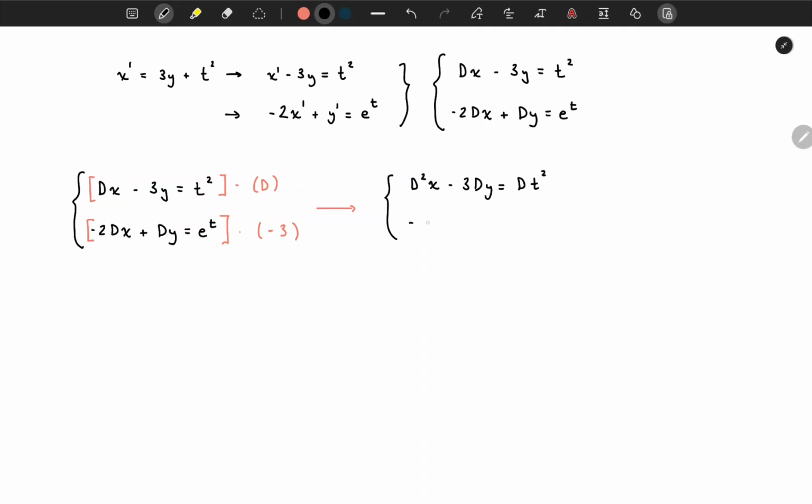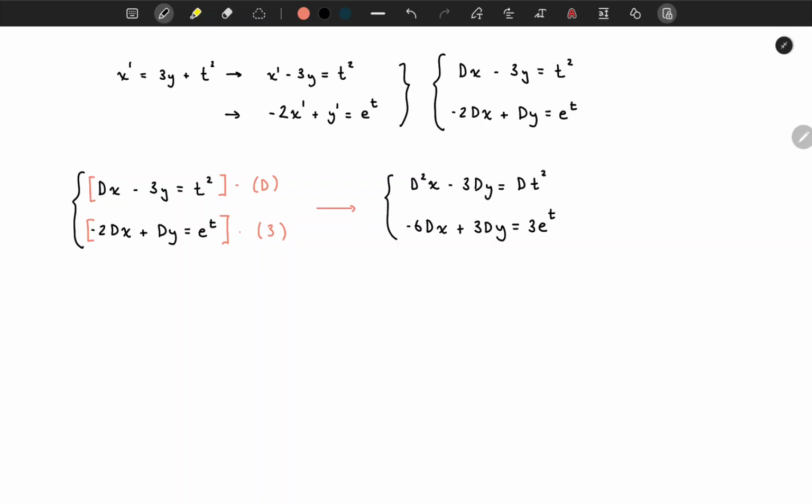And then we will have negative 2 times 3, that's negative 6Dx, plus 3Dy, and it's equal to 3e to the t. Now you can see that we have a negative 3Dy and a plus 3Dy.